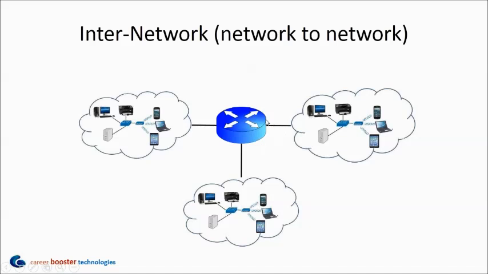But here it's all about network IDs. So network A, network B, network C, that's how they get connected. So you see the connectivity is at two levels: user to user connectivity and network to network connectivity.